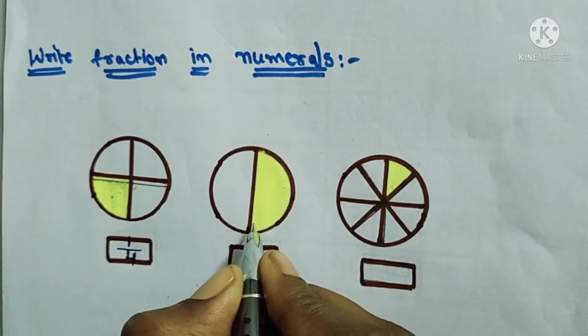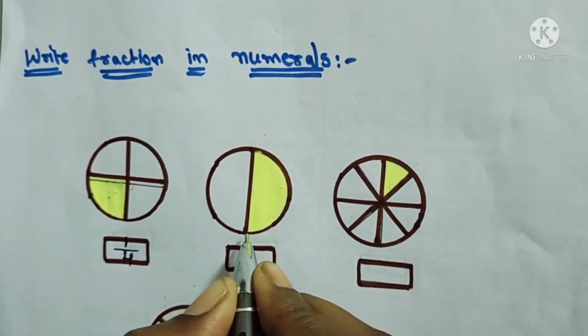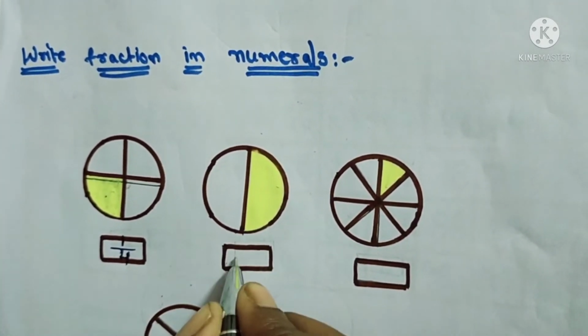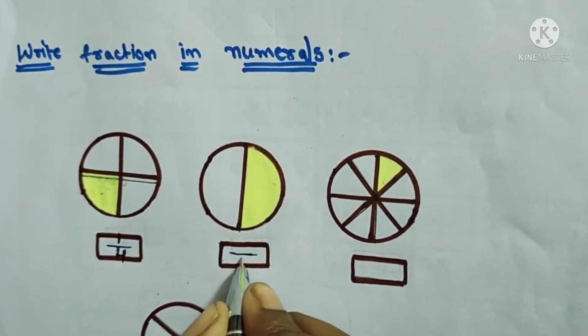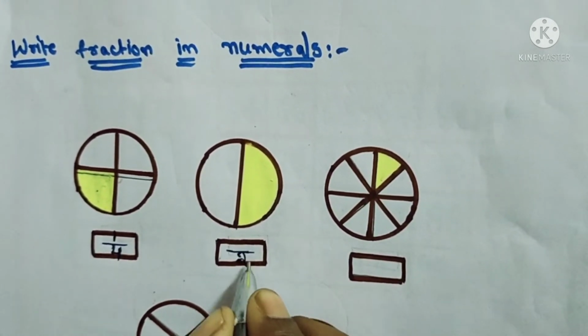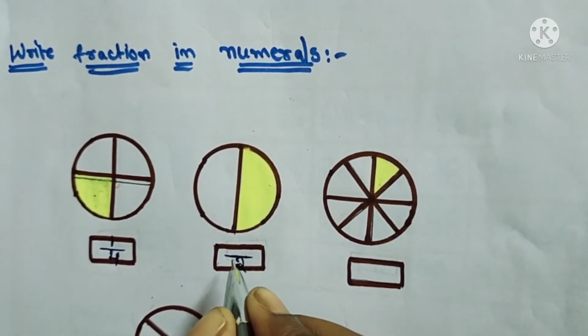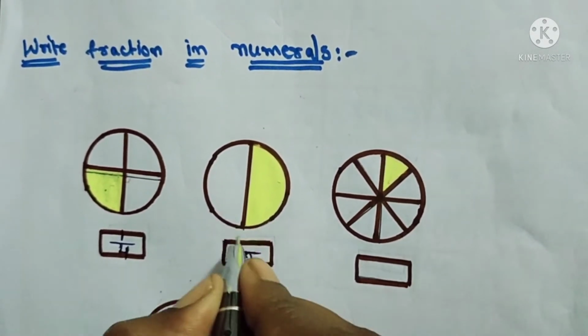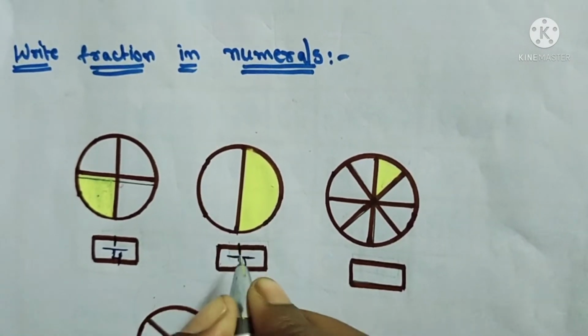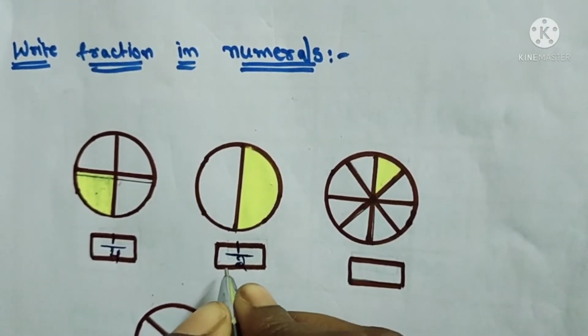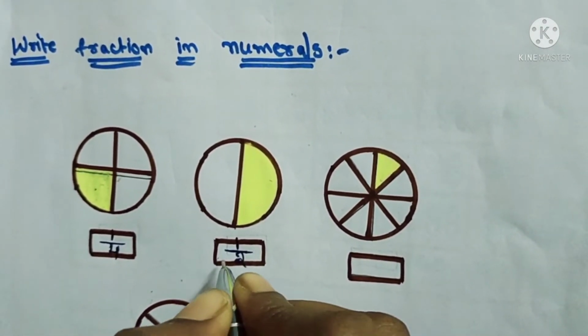Now, the number of equal parts is 2. We write that in the denominator. How many parts are shaded? 1. That is 1/2.